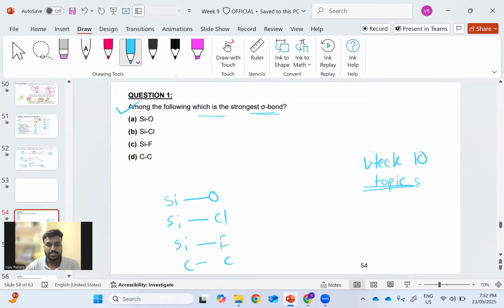If we look at the periodic table, the size of fluorine is smaller compared to oxygen, which is compared to carbon. So the silicon-fluorine bond is the stronger bond.